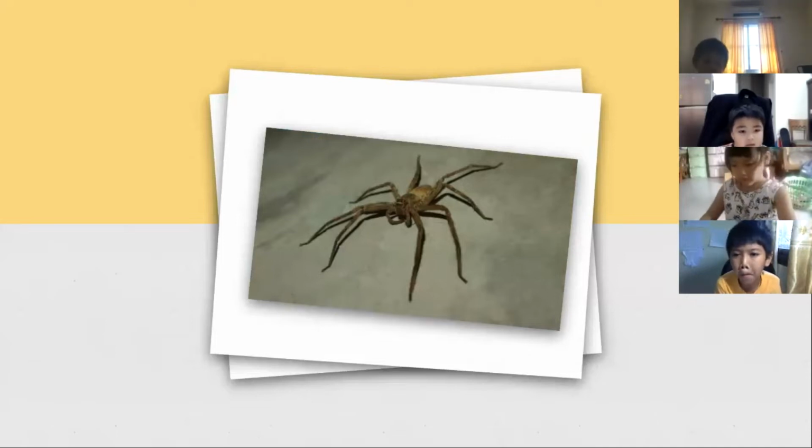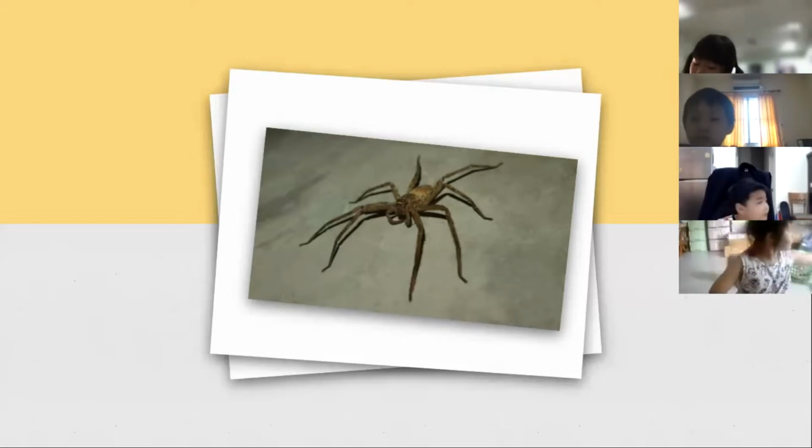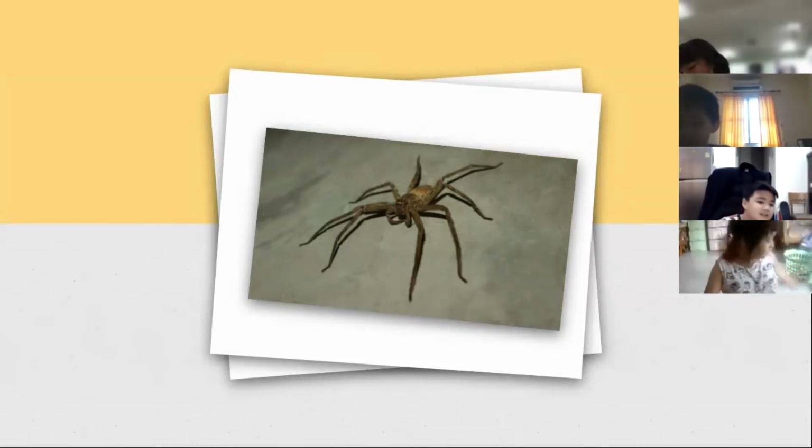Spider. Where does the spider live? Some of the spiders live on trees, they live on the ground, they live on the farm. And some of the spiders live too in the forest. They are everywhere.